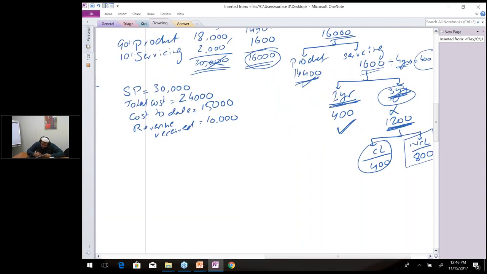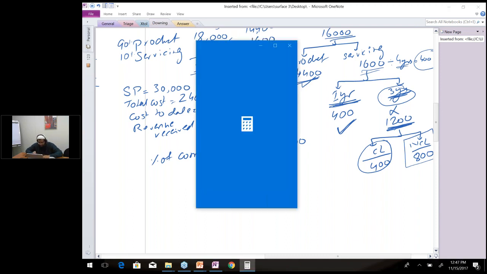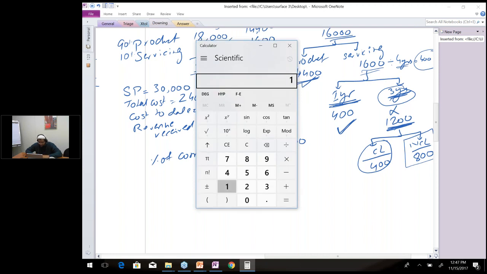So the first step is that we are going to calculate the percentage of completion, which is the cost to date of 15,000 divided by the total estimated cost of 24,000. So 15,000 divided by 24,000 into 100.